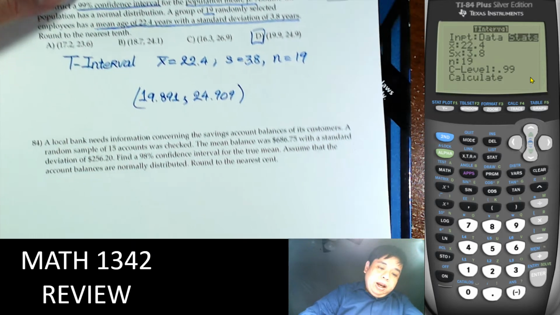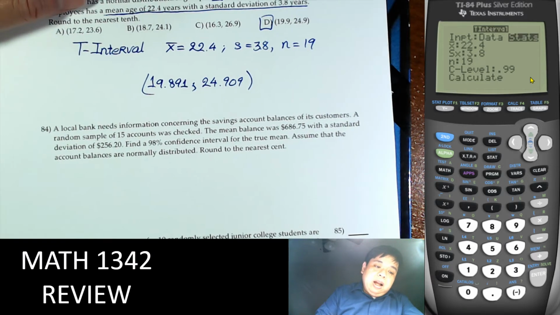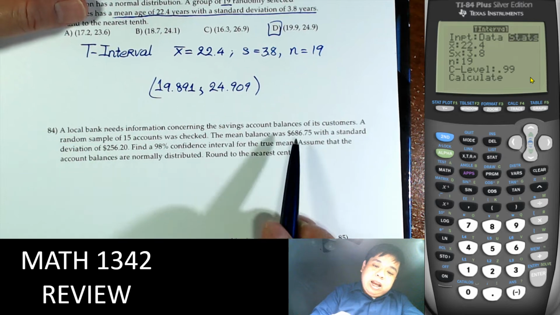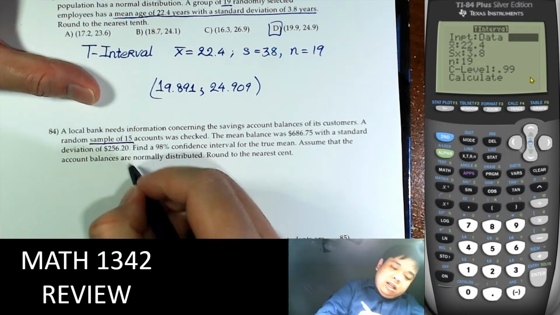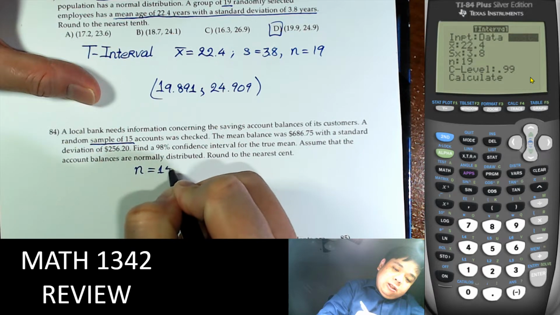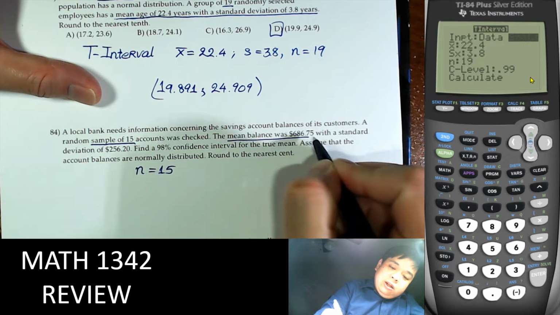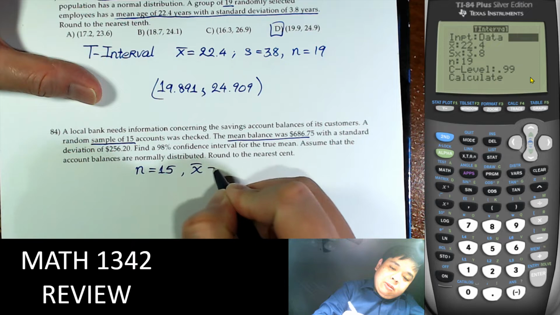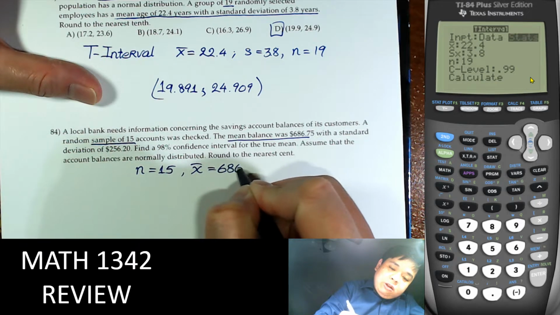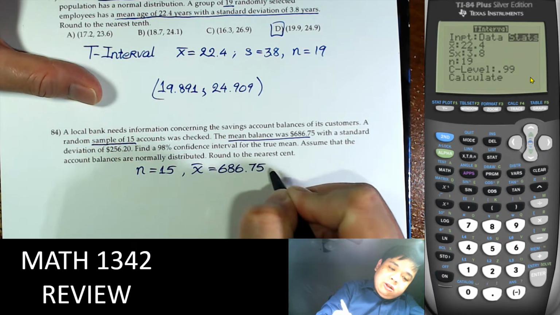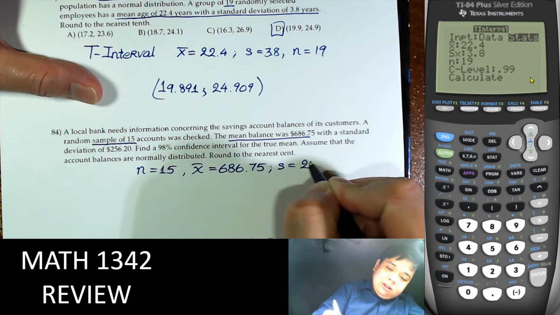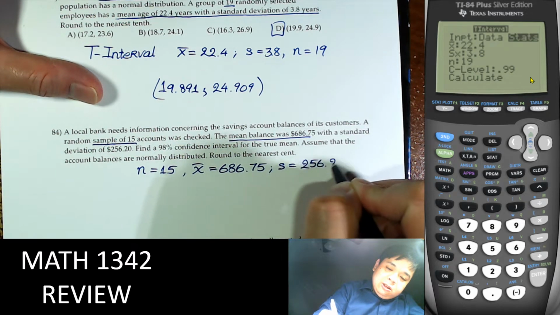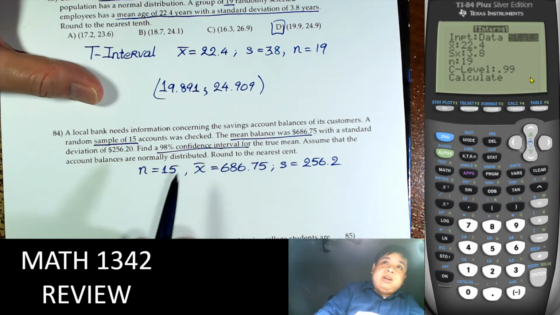Next, a local bank needs information concerning the savings account. The sample of 15, so that is n. The mean 686.75 and standard deviation, and 98% confidence interval.